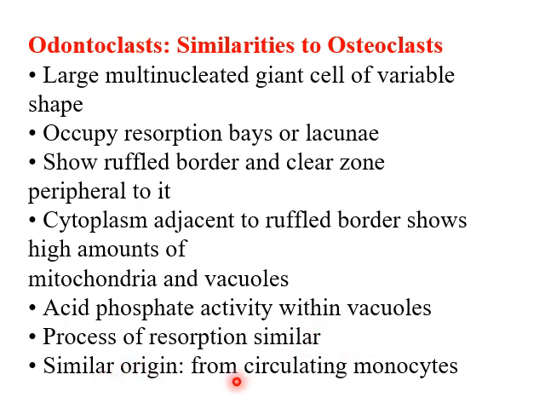They have a similar origin, both from circulating monocytes, and fusion of these monocytes forms odontoclast and osteoclast.